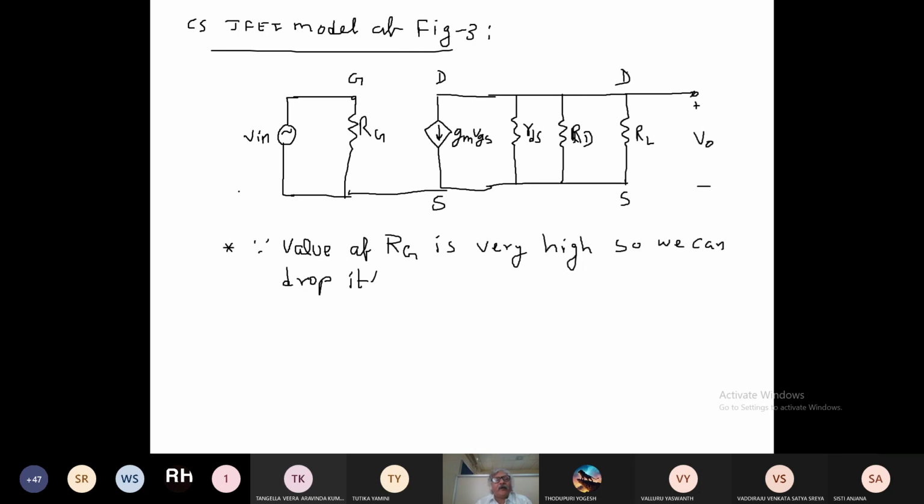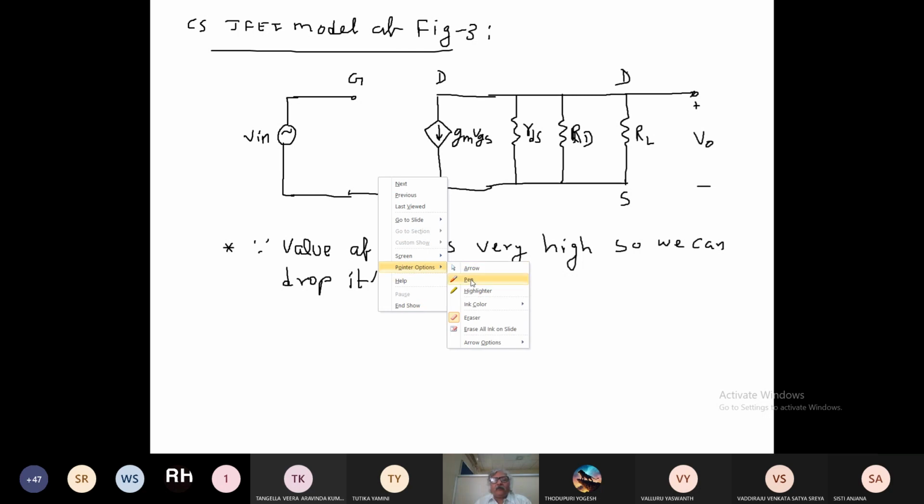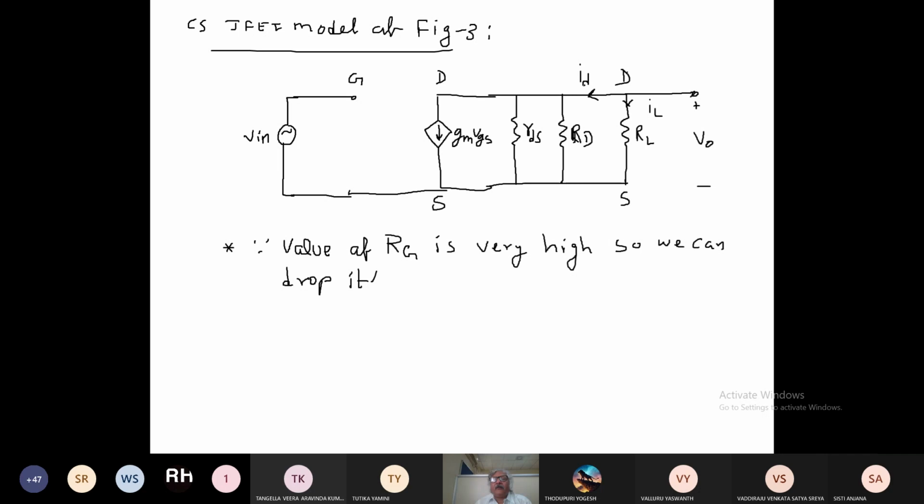Because its value is very high, it can be considered an open circuit. So you can remove this RG here. So this is the model, and here you have IL, and this is the drain current, ID. So this is your figure number 4.